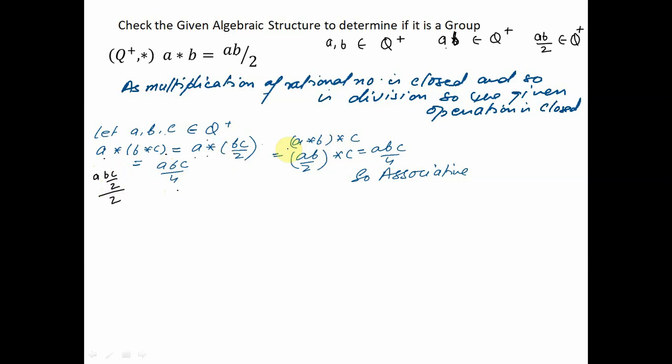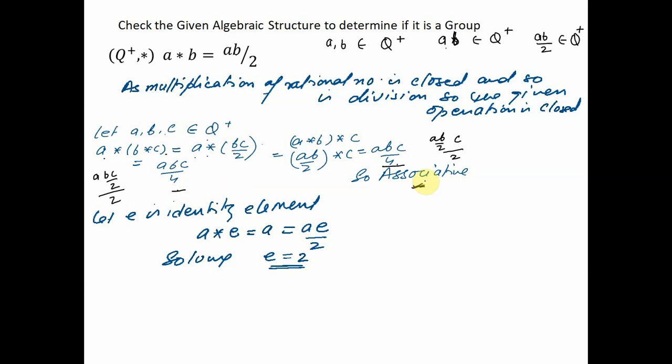Similarly, on the right hand side, I have (a star b) star c, which gives me ab by 2 star c, which gives (ab by 2)(c) by 2, which is abc divided by 4. So left hand side is equal to right hand side. Associative property is verified.